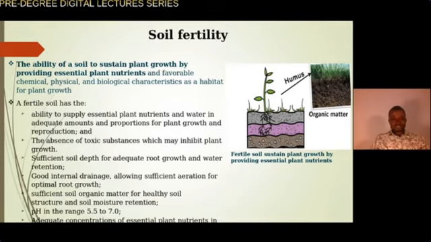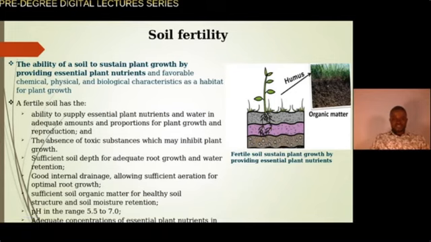A fertile soil must also have good internal drainage. That is the drainage system that allows sufficient aeration for optimal root growth. Then we defined aeration earlier, that is the ability of air and water to circulate through the soil.